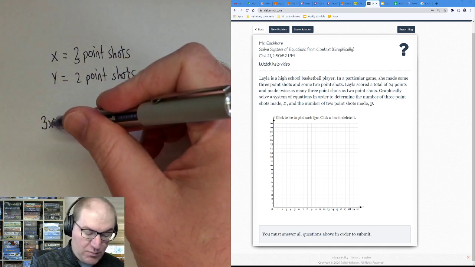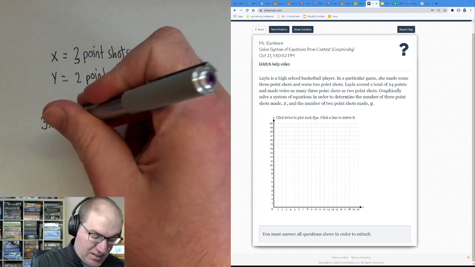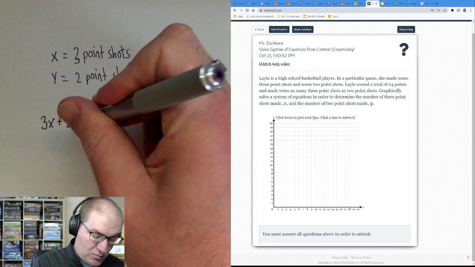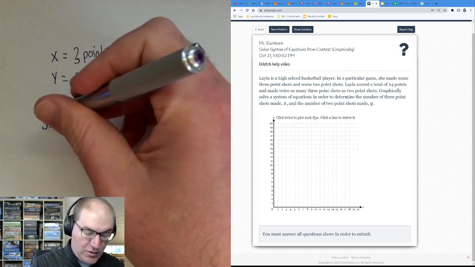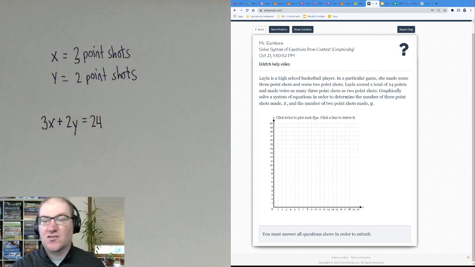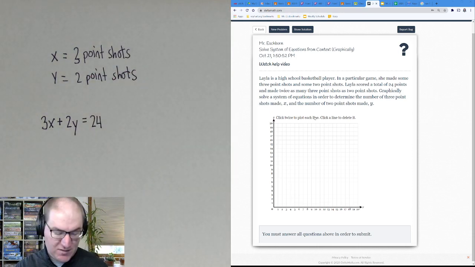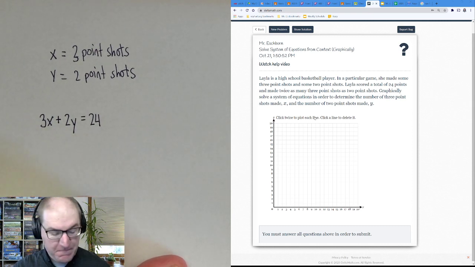If she got 10 3-pointers, then that would be 30 points, because 10 times 3 is 30. Plus, I know that she made some 2-point shots. I don't know how many, but I know that they were 2 points each. And I know that the sum of these is equal to 24 because it told us that she scored a total of 24 points. So that's our first equation that we're going to graph here.